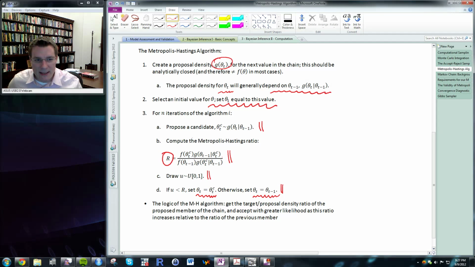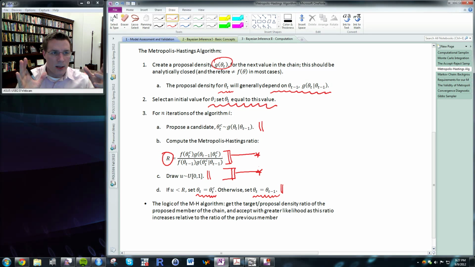Now you can probably see some similarities to accept-reject sampling. In particular, this part of the process where we construct a ratio and then compare that ratio to a uniform distribution. The idea here is we accept new elements of the chain if they are likely to appear in the target density, if they have a high density in the posterior we're trying to model here, and they are unlikely to be proposed by the proposal density.